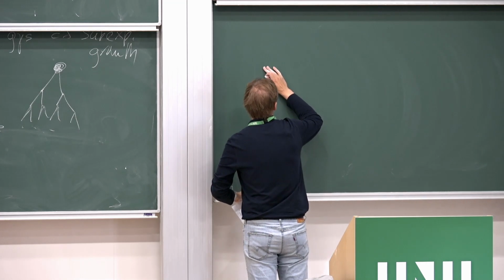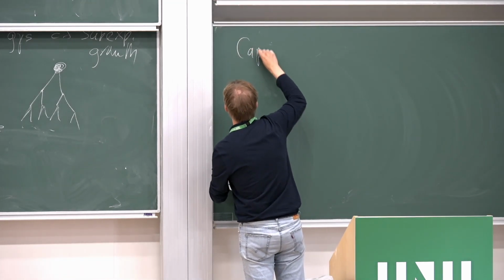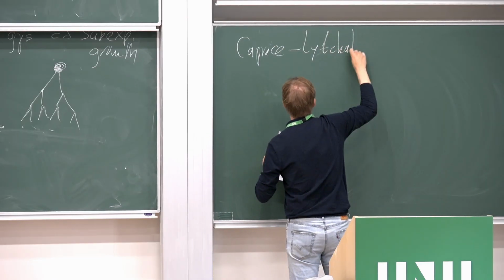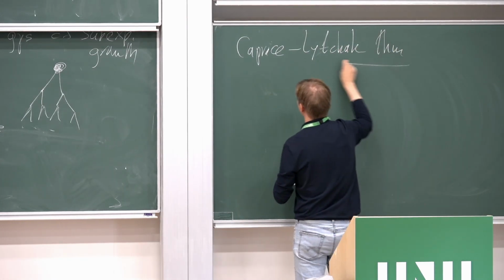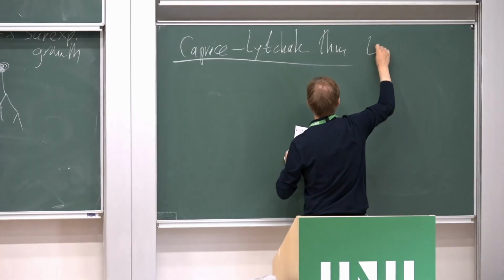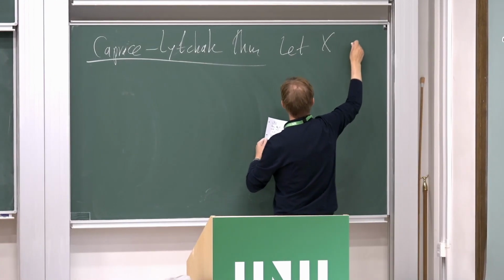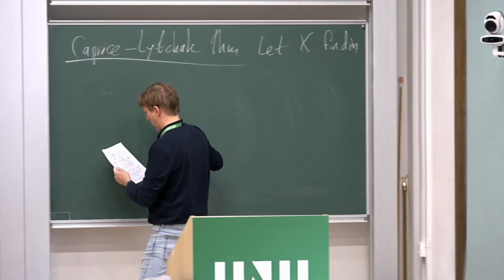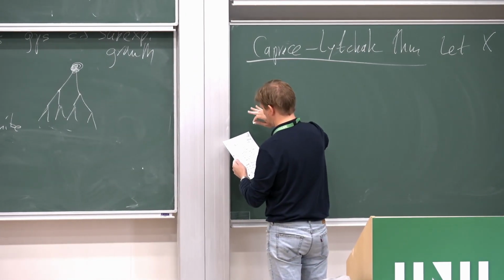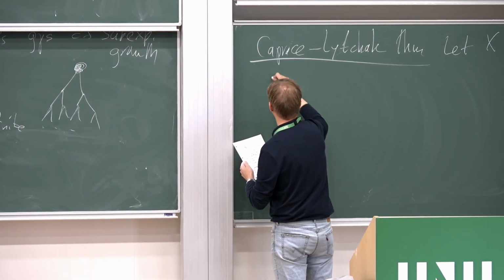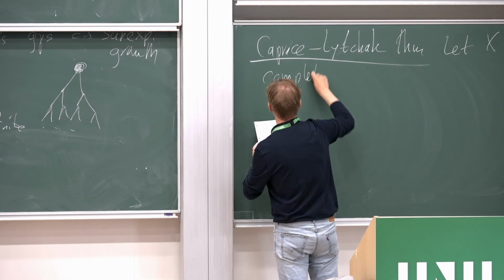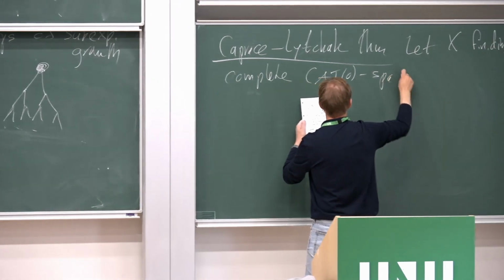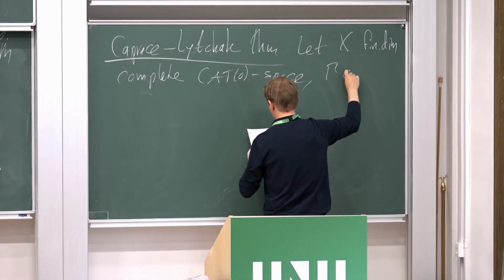That's the Caprace-Lytchak theorem, which has the same conclusion. It says that X is not necessarily proper, but finite dimensional, or they have telescopic dimension, but we will not go into it. Complete, of course, CAT(0) space. You have gamma amenable.